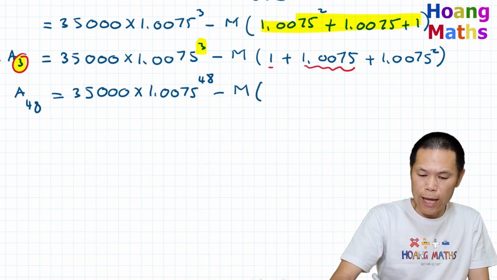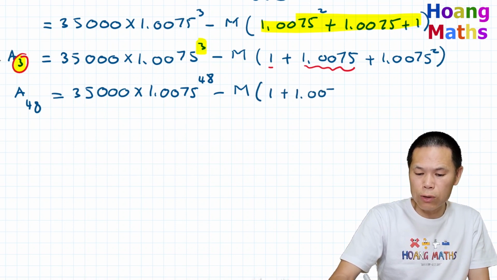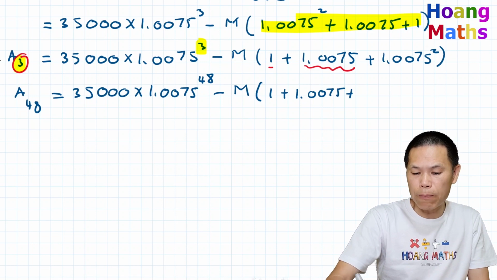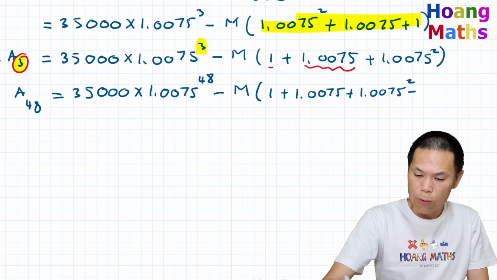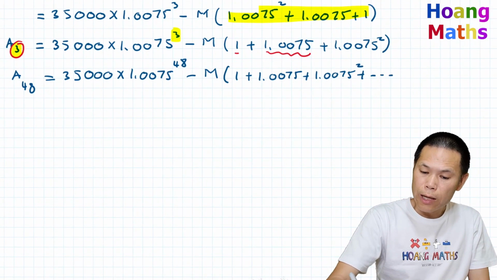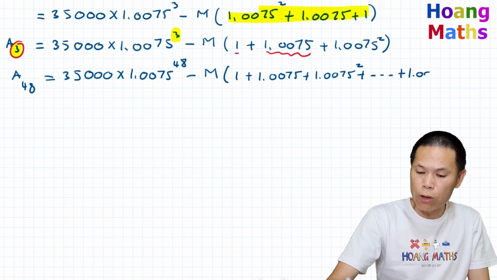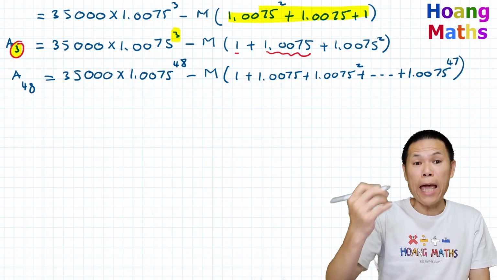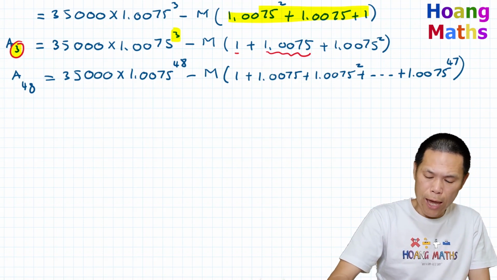So let me write it out: 1 plus 1.0075, we add 1.0075 squared, we add, and we add 1.0075 power 47. Let me add the series together, so S of 48.